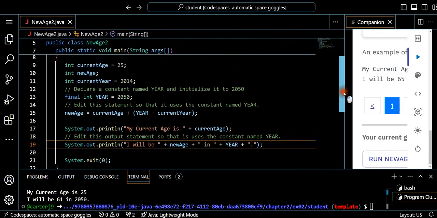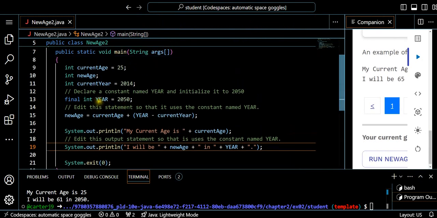In case you missed something, make sure you got final integer year, all caps, equals 2050. That changed that 2050 to year. And in the statement down here, you're going to do quotation space in, space quote close, space plus, space year, all caps, space plus, space quotation with a period inside.